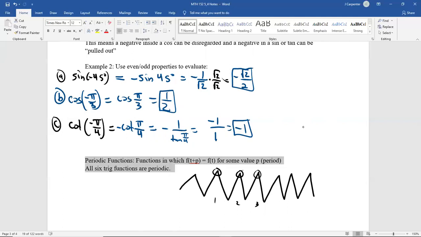That's what we're saying here, that some f of t, so maybe this is f of 1, is the same thing as f of 1 plus 1, is the same as f of 2 plus 1. I can just take a number and add 1 and keep getting the same thing over and over. Is it always 1? No, it's usually not 1. That's just the context of this example. There's a pattern that loops for eternity, and trig functions are based in being periodic.